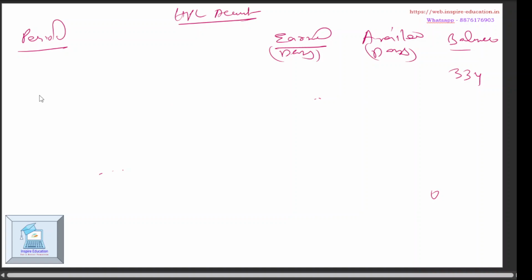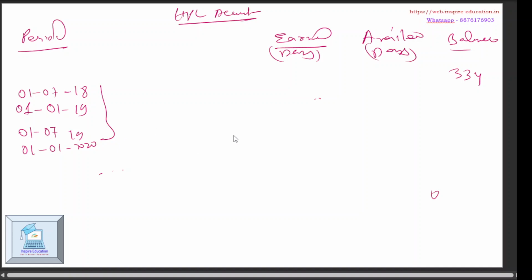334 as on January 2018. Okay, so after that on 1/7/2018 there will be credit, then again on 1/1/19 there will be credit, then 1/7/19 there will be credit, then 1/1/2020 there will be credit.